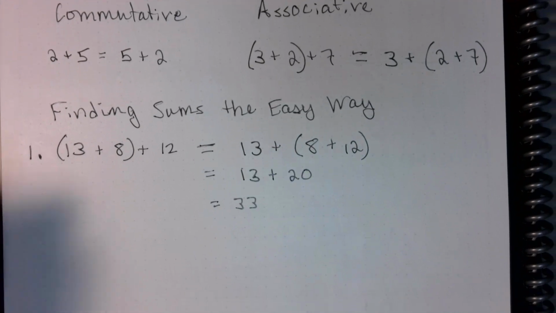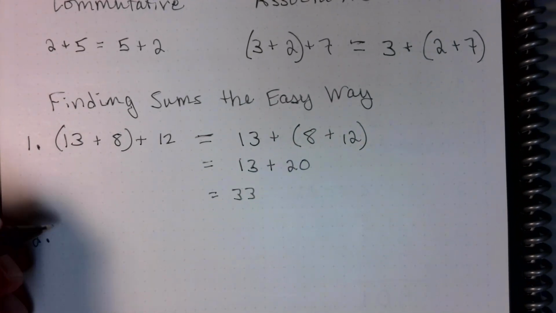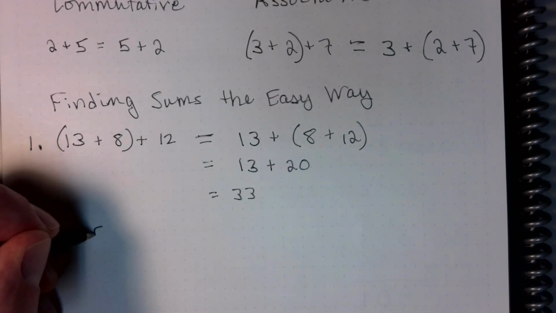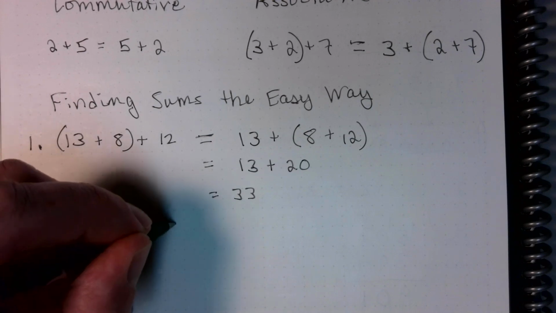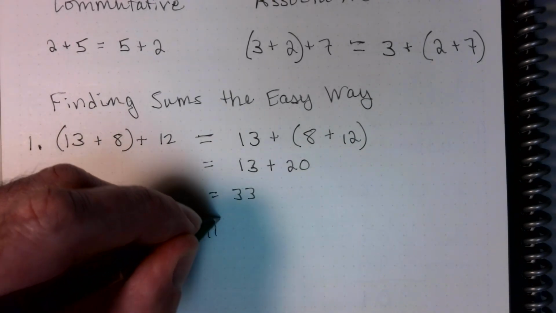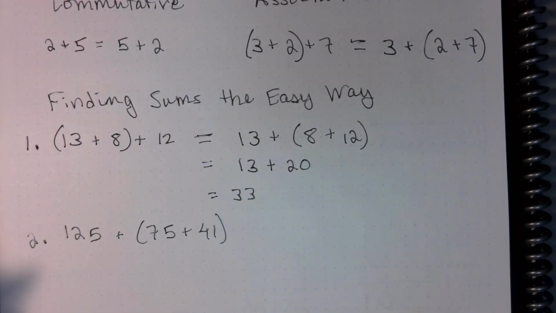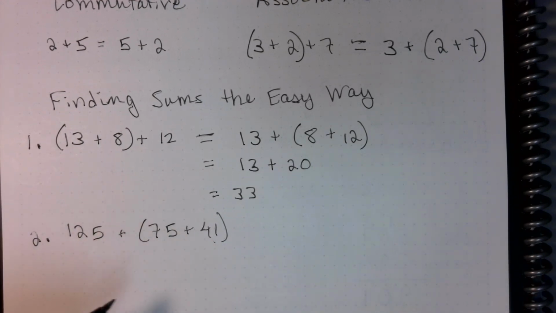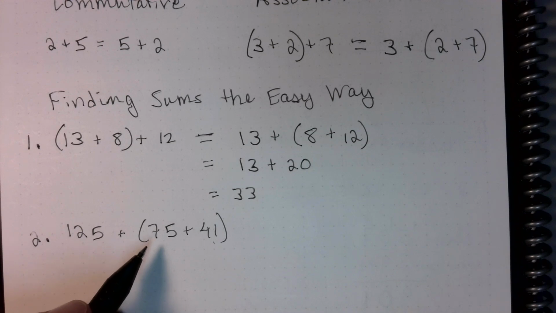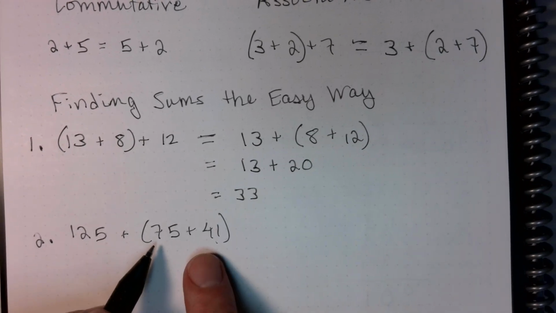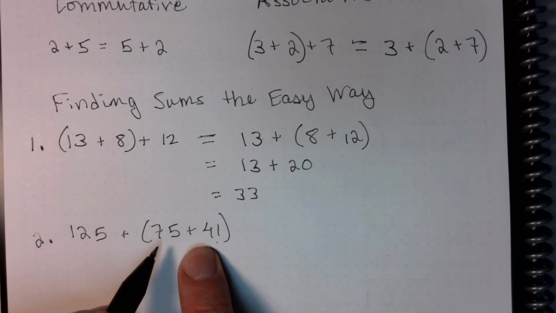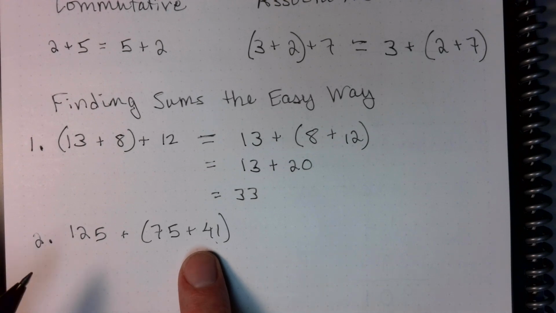Let's try another one here. 125 plus 75 plus 41. If I were to look at the problem as it stands right now, I'm supposed to add the 75 and the 41 first. That involves carrying to find the result. I know it's going to involve carrying because I'm going to have to add the 7 and the 4, which gives me 11, which means I'm going to have to carry.